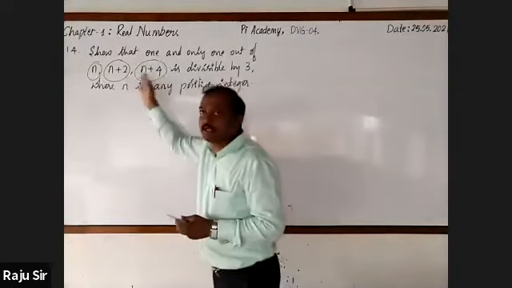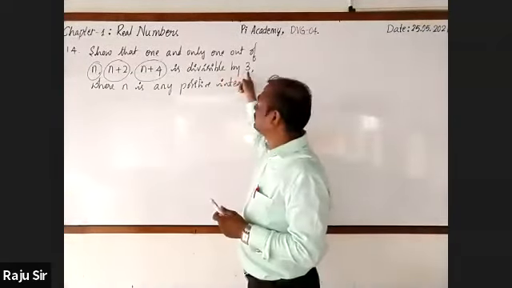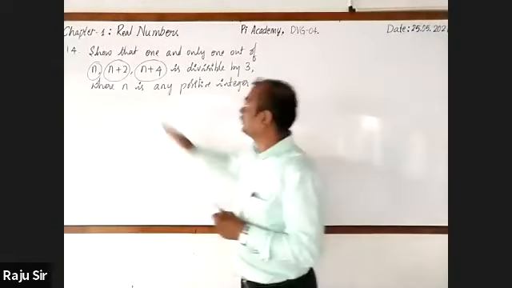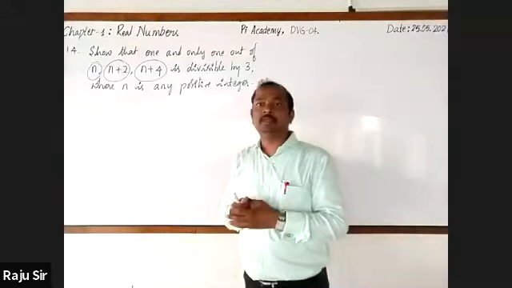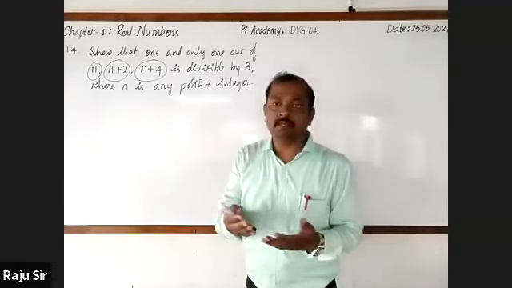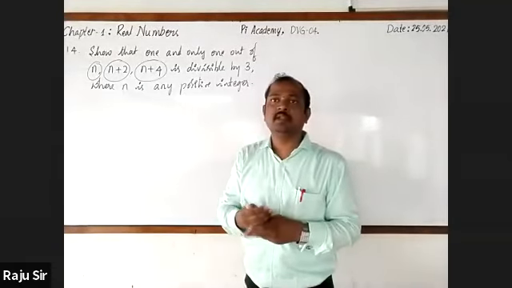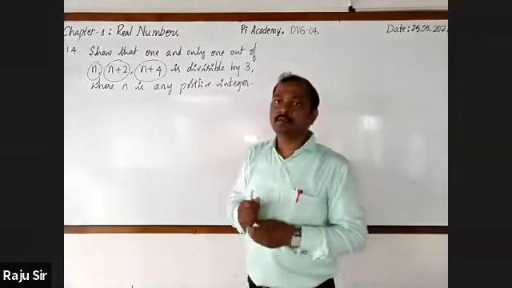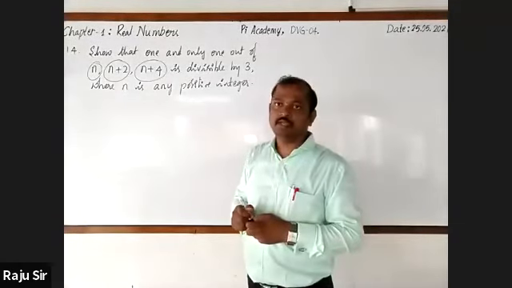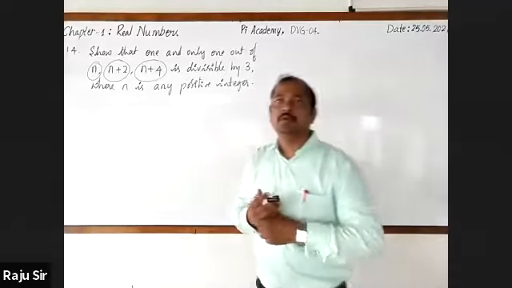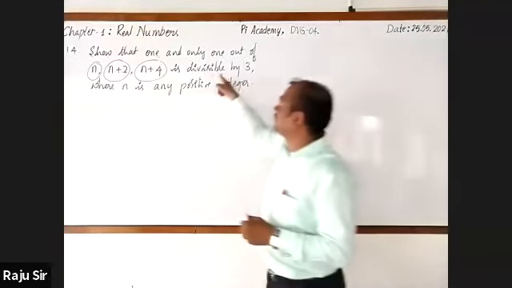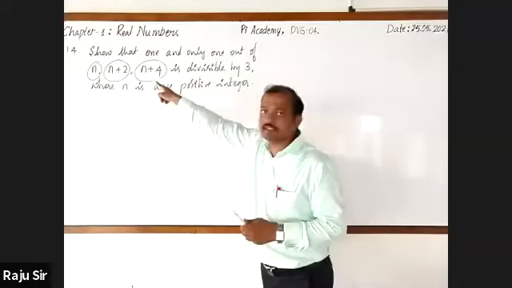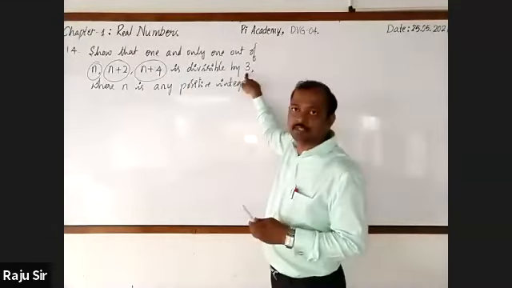Out of these three, only one is divisible by 3. If n is any positive integer, it may be either an even or an odd positive integer, but we do not know which. It has been clearly given that out of these three, one is divisible by 3.